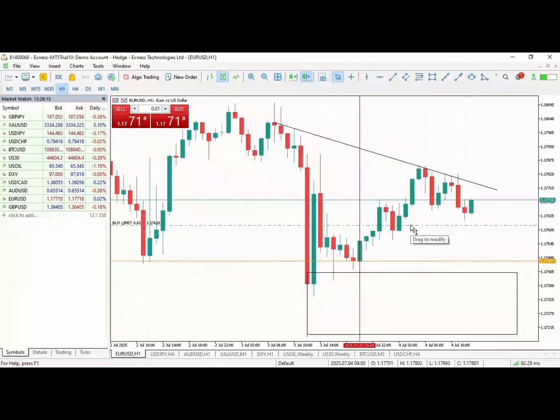You see, this is buy limit 0.01 at that price. What happens is that this order will be triggered into a buy when the price goes through it. Okay, what does that mean? It means the market buys at a lower price than the current. You see, currently the market is here. So the market will come lower to buy at this limit order.